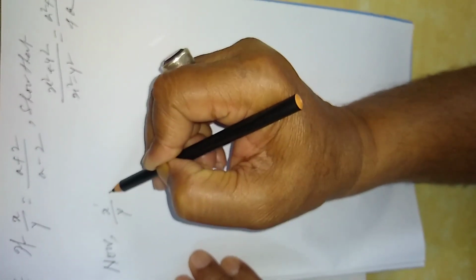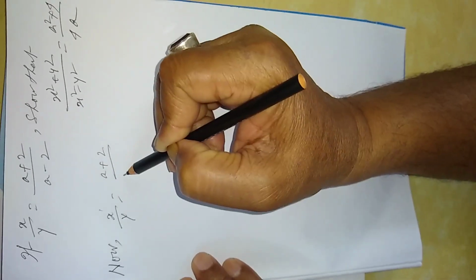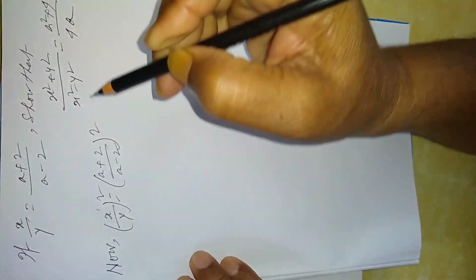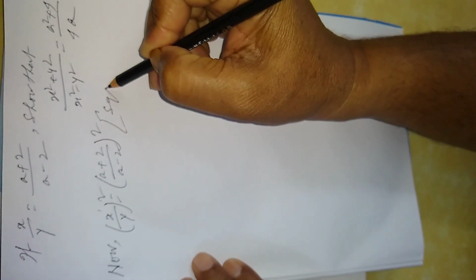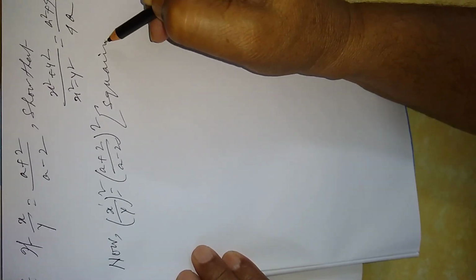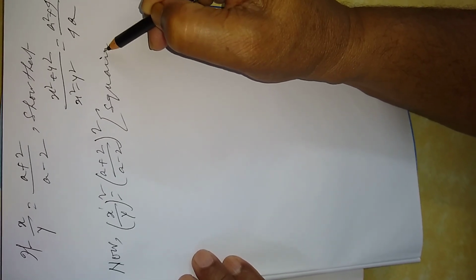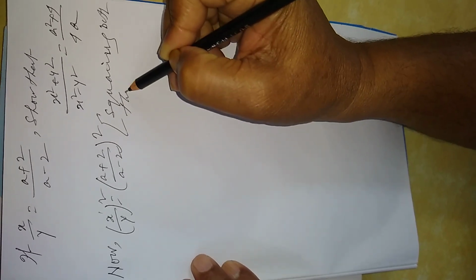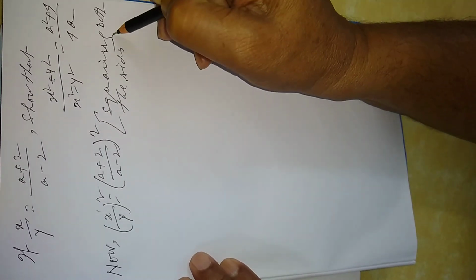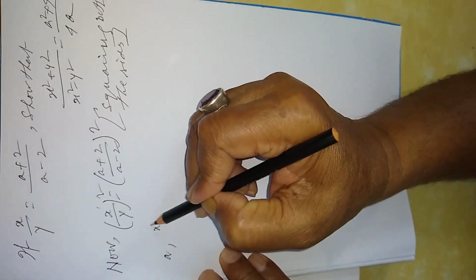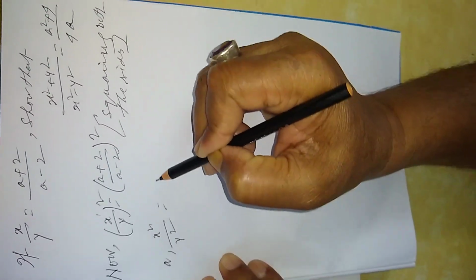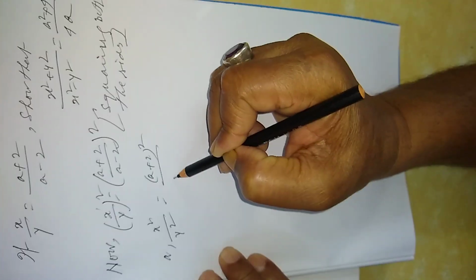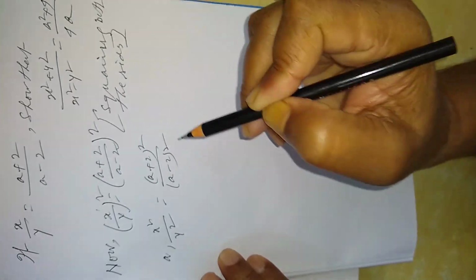x by y is equal to a plus 2 by a minus 2, squaring both the sides. X square by y square is equal to a plus 2 whole square divided by a minus 2 whole square.